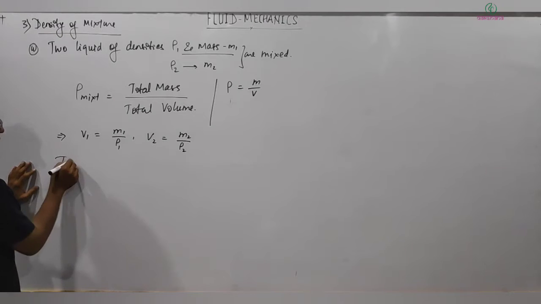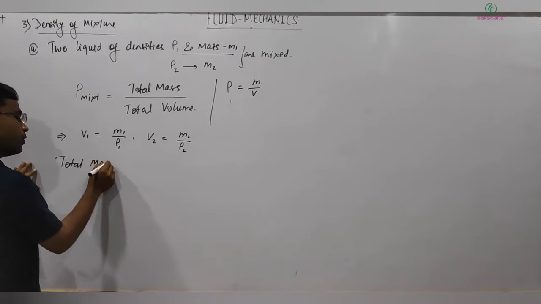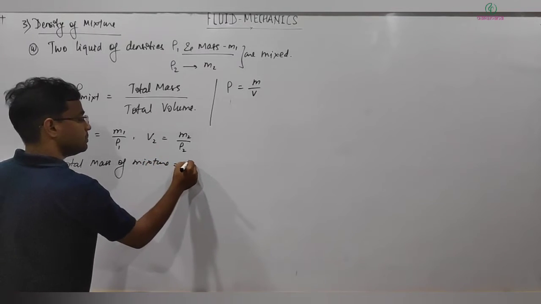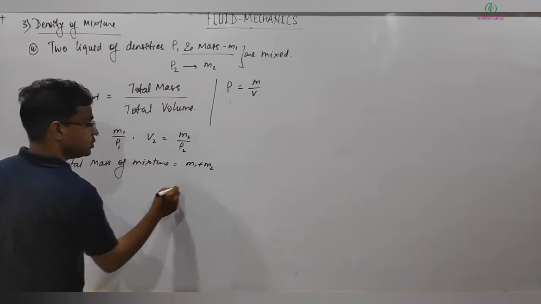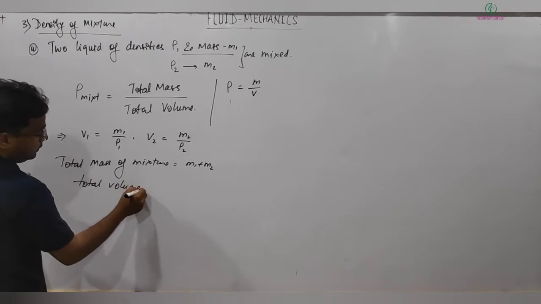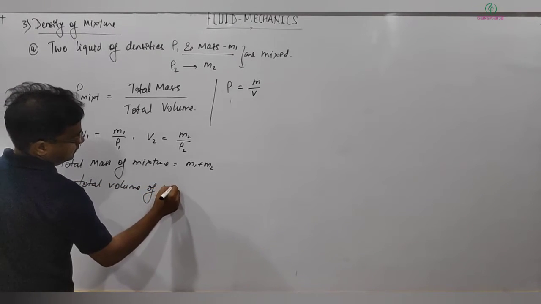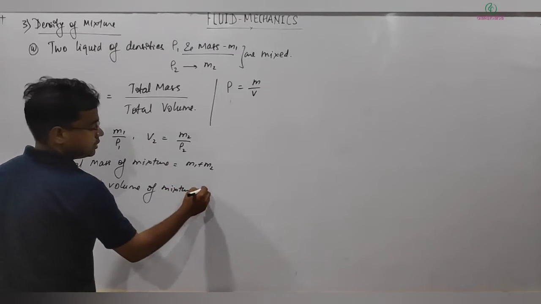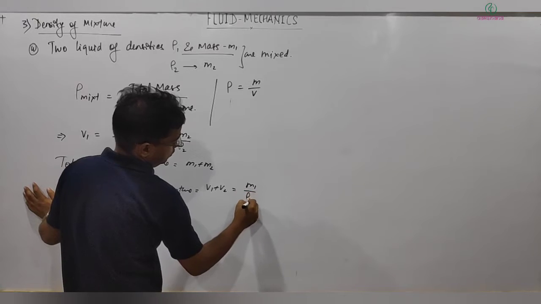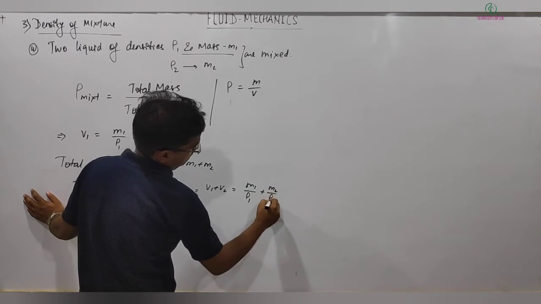Now total mass of mixture is simply m1 plus m2. Total volume of mixture is V1 plus V2, that is m1 by rho 1 plus m2 by rho 2.